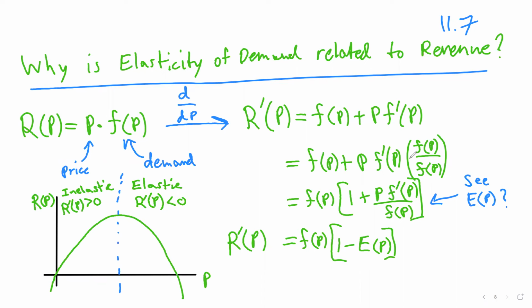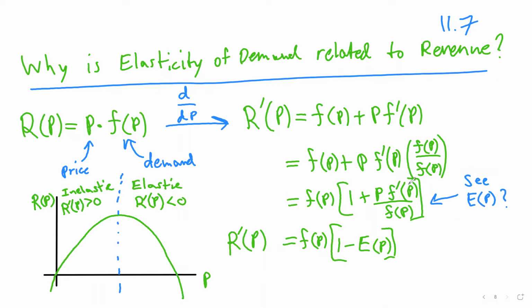This gives f of p plus p times f prime of p times this quantity f of p over f of p. We can multiply that through and then pull out an f of p from both terms to get f of p times the quantity 1 plus p times f prime of p all over f of p.